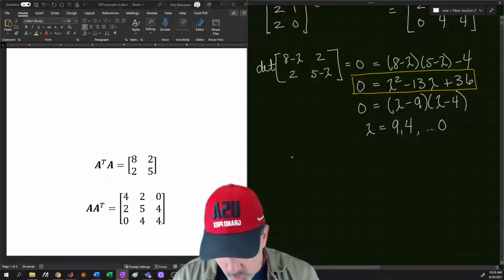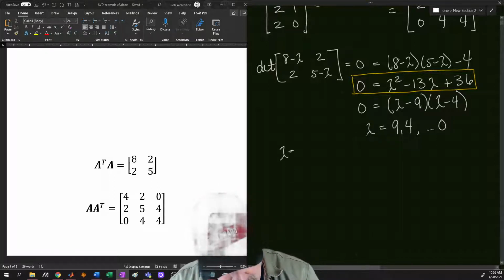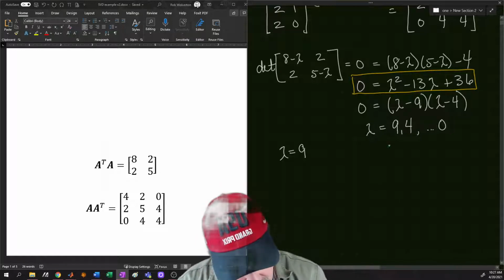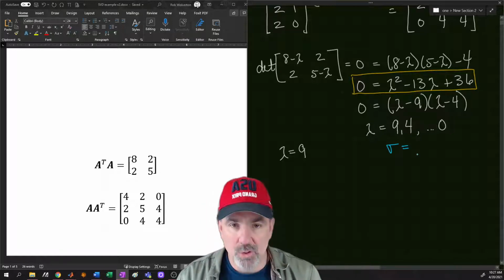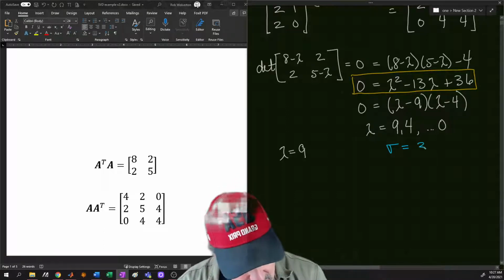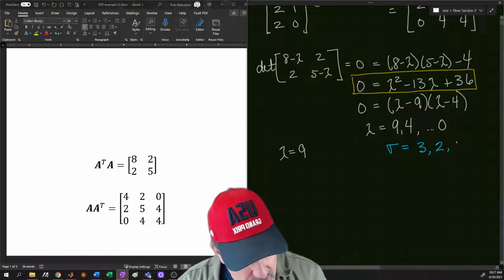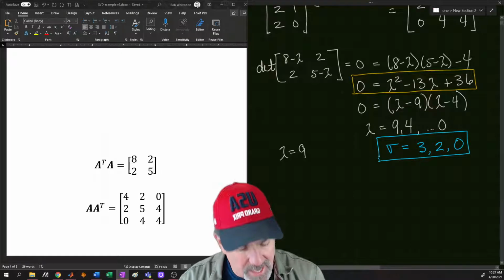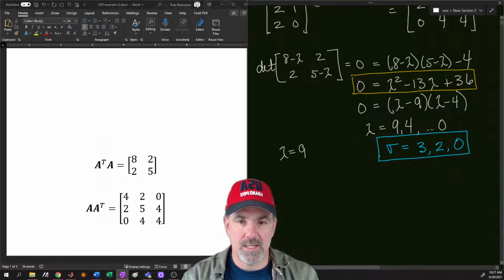So starting with lambda equals 9, and remember, from this, let's put it in blue here, we end up with the actual information that we want for the singular value decomposition. In this case, the singular values are 3 and 2 and 0. They are the square roots of the eigenvalues for these matrices that we have over here.